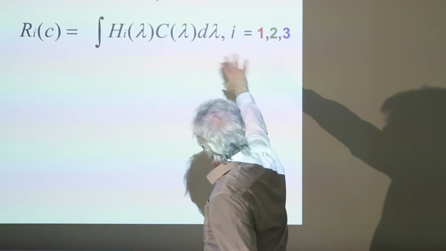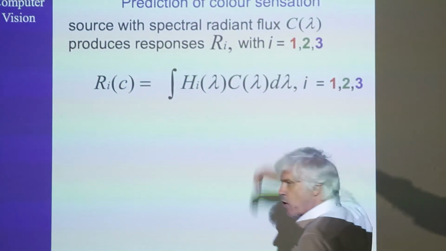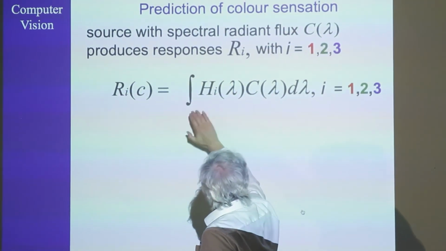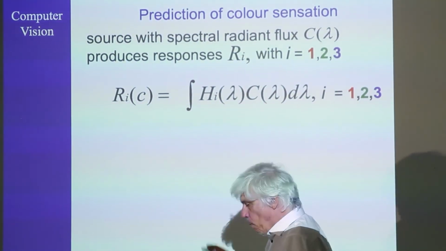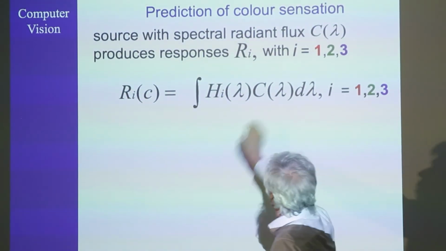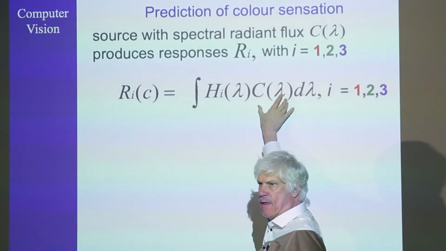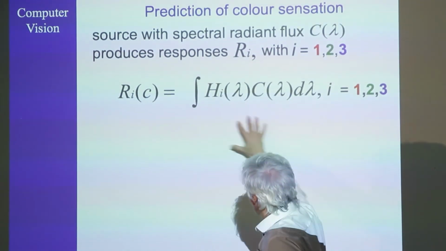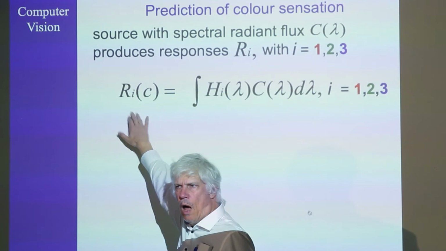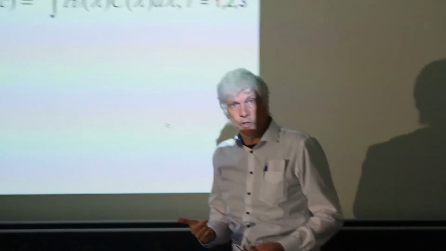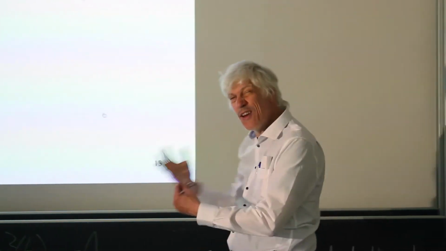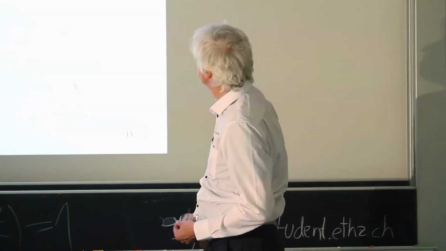So once we have selected one of these three, so i has now a value of either 1, 2 or 3. So this is fixed now, a certain h that we take, we multiply the sensitivity for every individual wavelength with how much we have of that wavelength in our source. We sum the entire thing, and that gives us a single response number R. And again, R1, R2, or R3, dependent on the choice of h. So we get three numbers out, three responses.